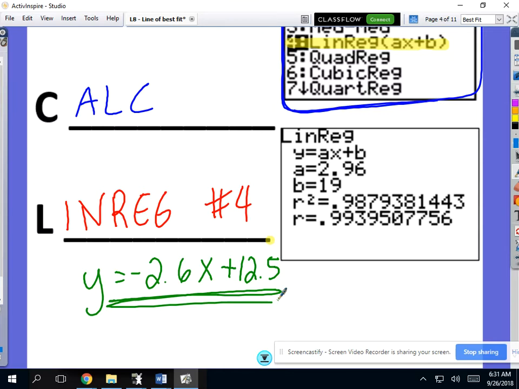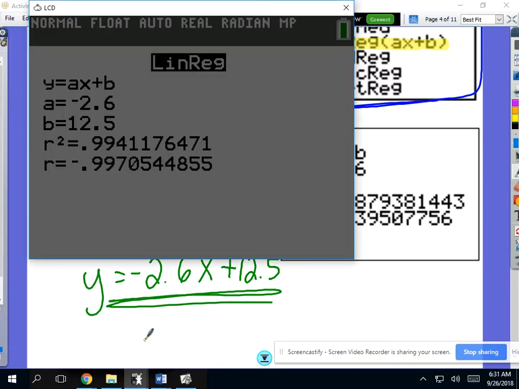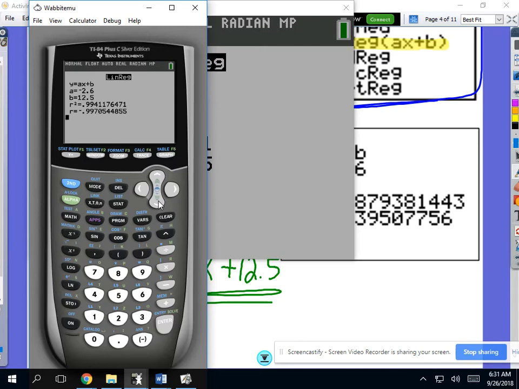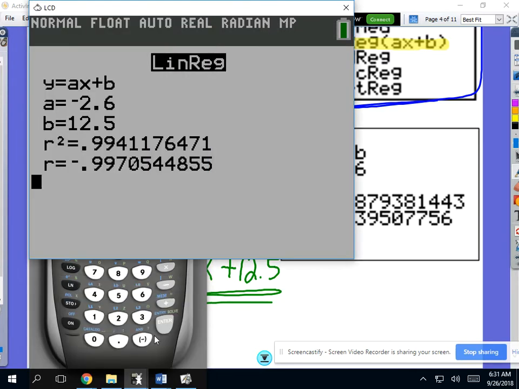Now, I want to talk about one more component that's on this screen, and that's the R value. I've started to talk about it, but in this case, it's negative, so don't miss that negative 0.9970, goes on forever. What this R value is doing is basically giving you a grade on how good the line is that it just created for you.